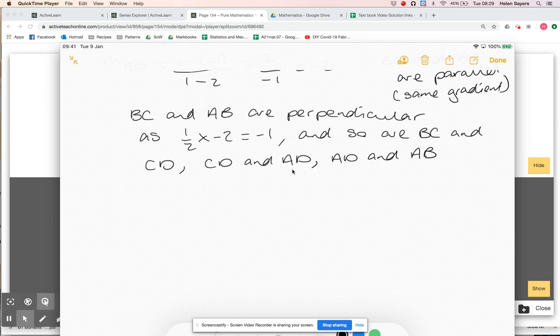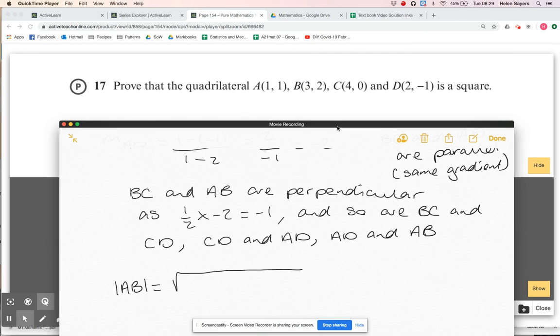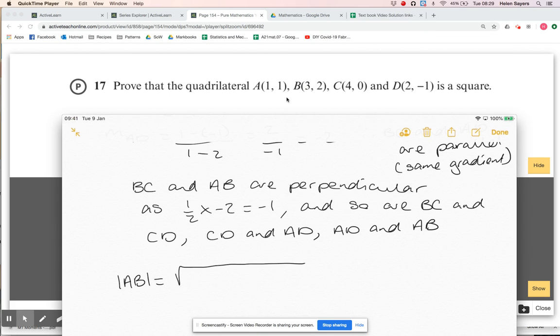So the length of AB. That's just using Pythagoras between these two, and the order doesn't matter. So 3 minus 1 squared plus 2 minus 1 squared. That's just the difference between the x coordinates and the y coordinates. So that gives me the square root of 2 squared plus 1 squared.